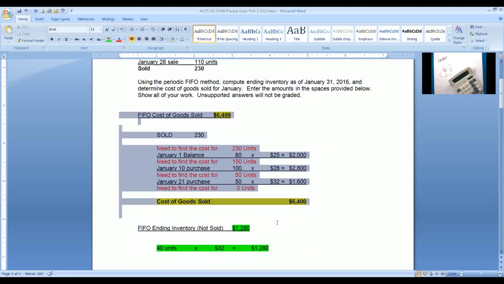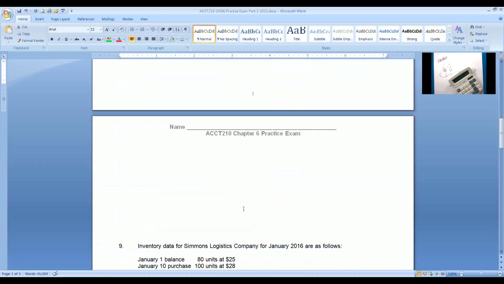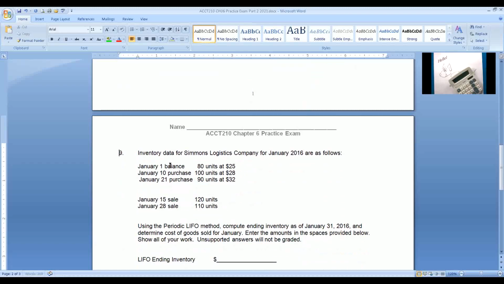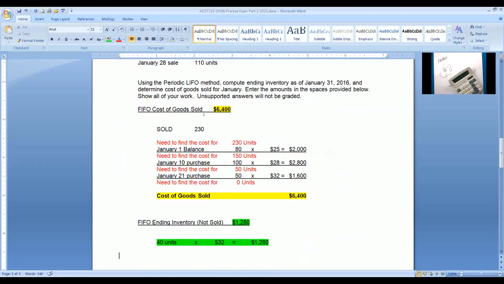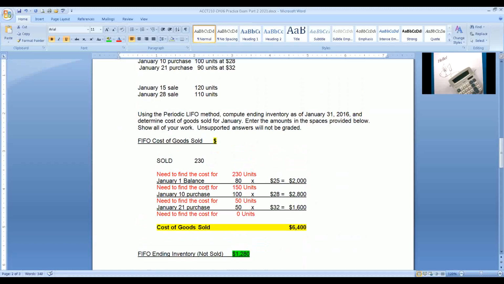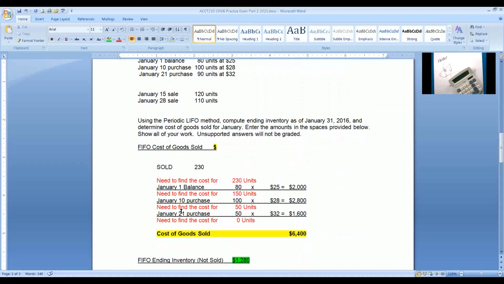Okay, in the interest of saving time, I'm going to copy my doodling down to this one. And these are not the right numbers. Okay, first in, first out. So the first ones that were in were the first ones sold.